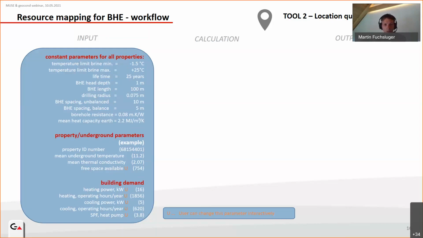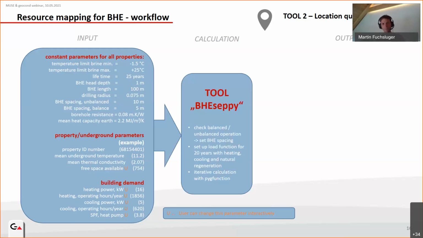So I put, you can see the U in the end of the application. This, for example, the free space, the heating power, the operation hours, and so on. The seasonal performance factors should be changeable interactively by the user who makes the location query. That would be our suggestion as possible.